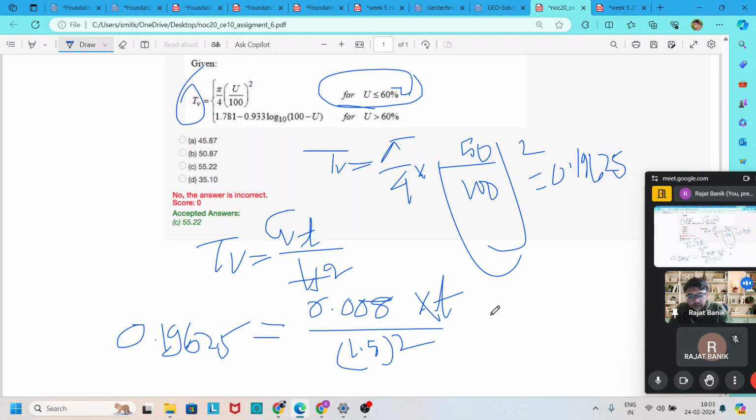So put all this below and calculate: 0.19625 into 1.5 into 1.5 divided by 0.008. So t comes out about 55.19 days.